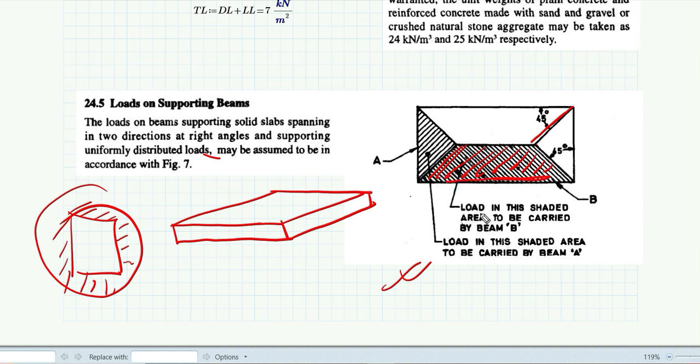It is written: the load in the shaded area is to be carried by beam B. Whatever load comes within this area will come to this particular beam, and in this triangular area, whatever load there is will come to this particular beam. So this kind of distribution we have to follow.